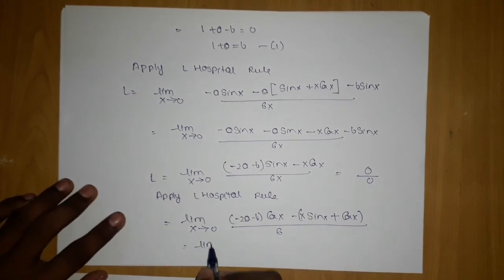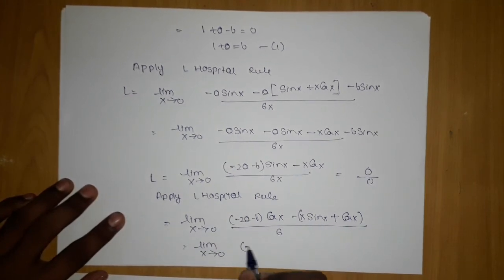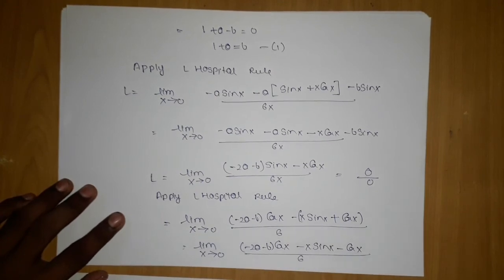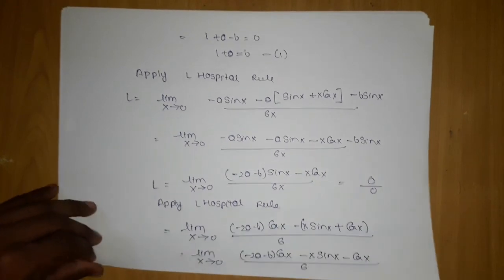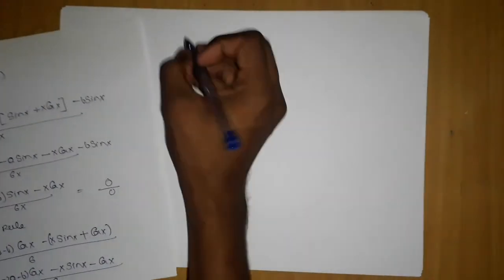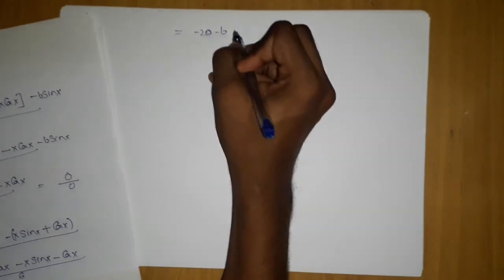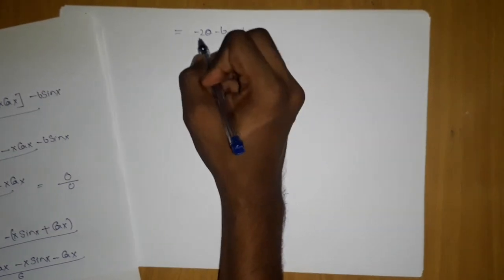If I open this, we have minus 2a minus b cos x minus x sin x minus cos x whole by 6. Let's put the values and see what we are getting. I am getting minus 2a minus b minus 1 by 6.